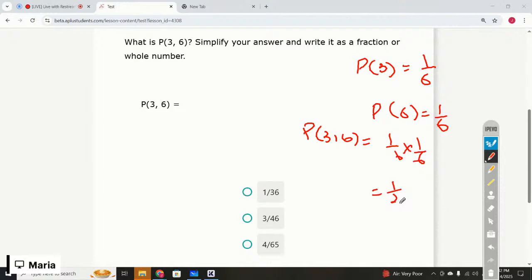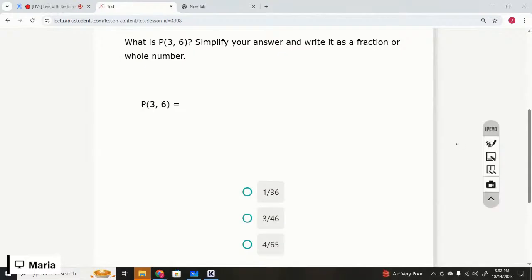So that is 1 over 36. Option number 1 is the correct option.